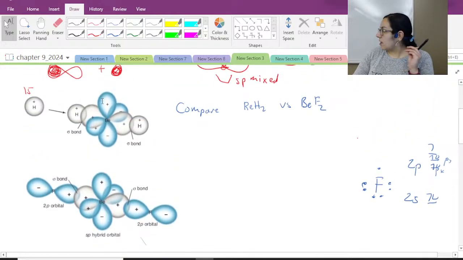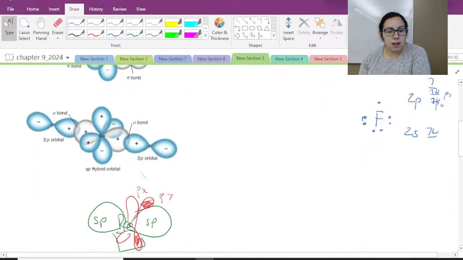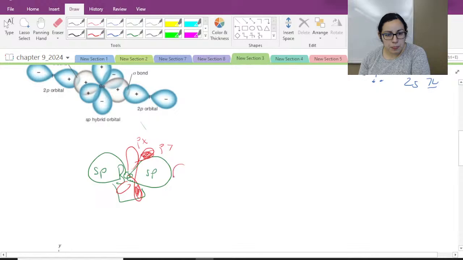The blue lobes are px and py, and hydrogen just has the s orbital, so that's a lot simpler. So just our s, and that head-to-head interaction is our sigma bond.